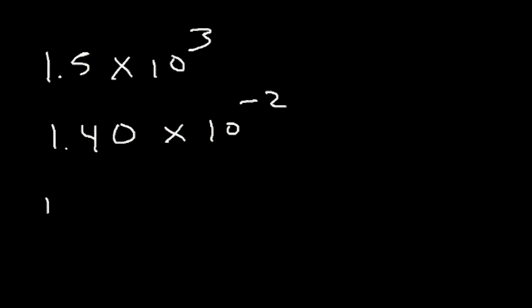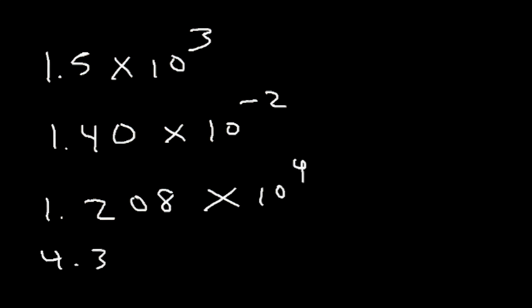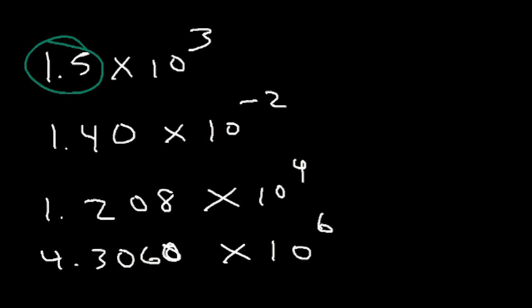Now what about for scientific notation? How many sig figs are there in these numbers? Because we have a decimal point, any zeros to the right will be counted.